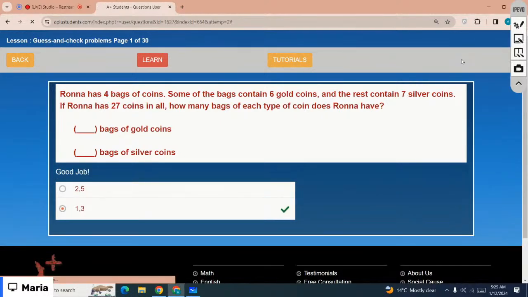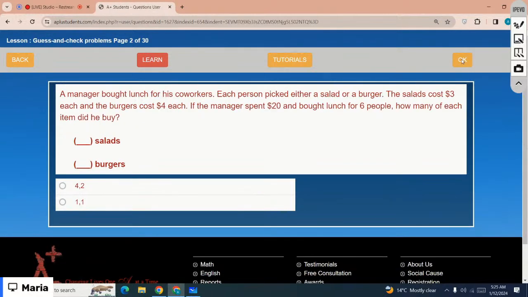Okay. The next one is, a manager bought lunch for his co-workers. Each person picked either a salad or a burger. The salad cost $3 and the burger cost $4. If the manager spent a total of $20 and bought lunch for 6 people, how many of each item did he buy? Which is the correct option?